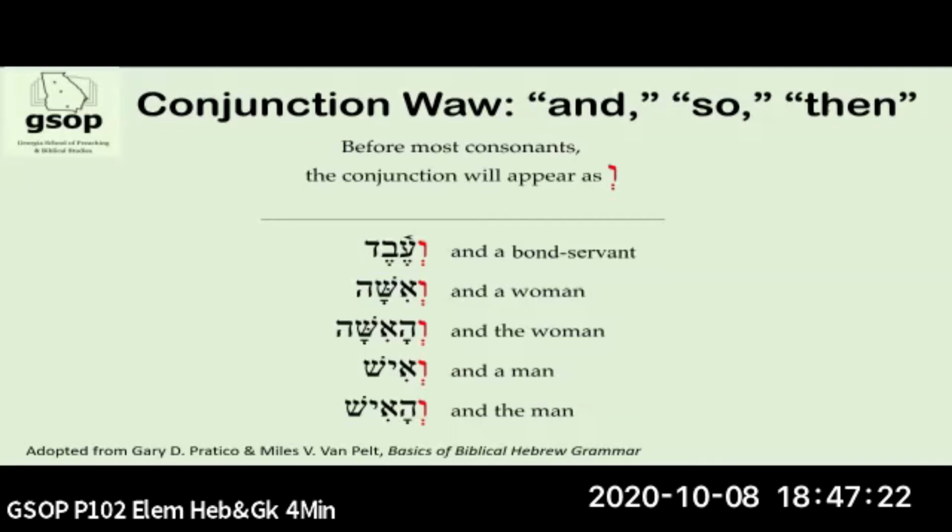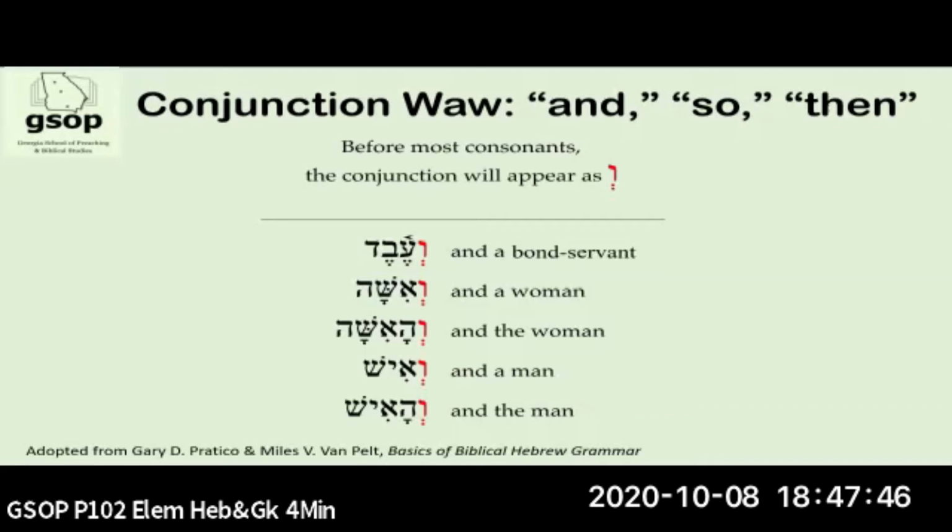Let me leave the vav off, just ish-sha. It's double. That's a woman. To make it and a woman, or but a woman, or also a woman, or and then a woman, it'd be va'isha. You just add the vav with the shavah underneath it.